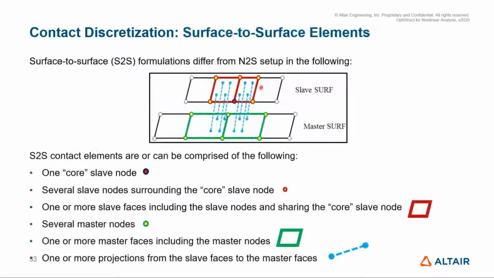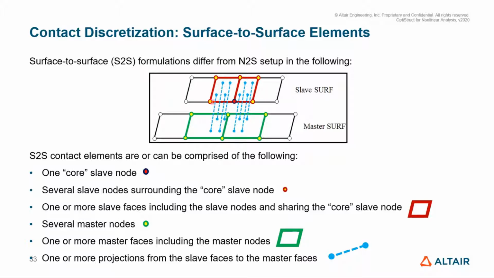Then this is for surface to surface. In surface to surface, the entire surface of the slave is projected downwards to find a master. It's still going to generate 4 contact elements because it's still based on the nodes. Imagine that we still use the nodes to find the master surface, but because this is surface to surface, we consider all 4 nodes.